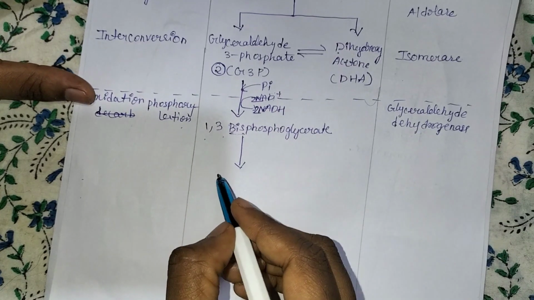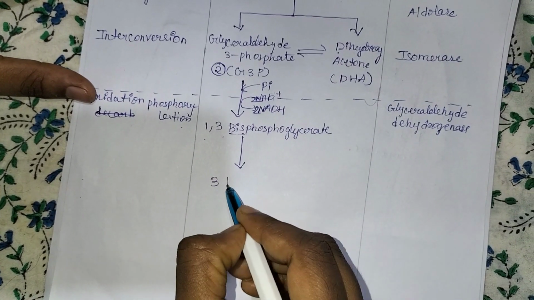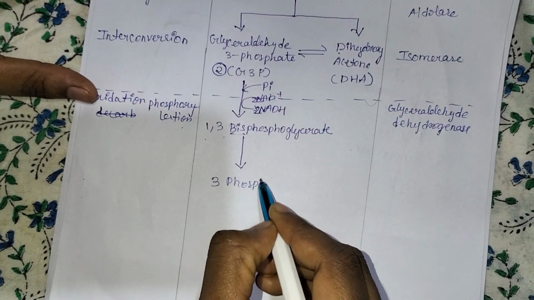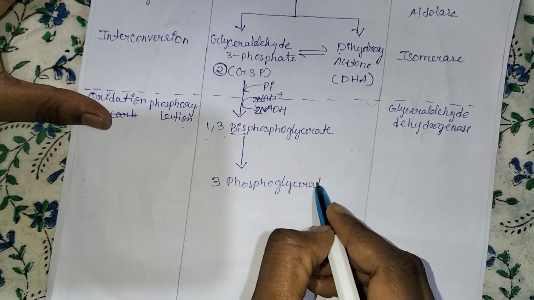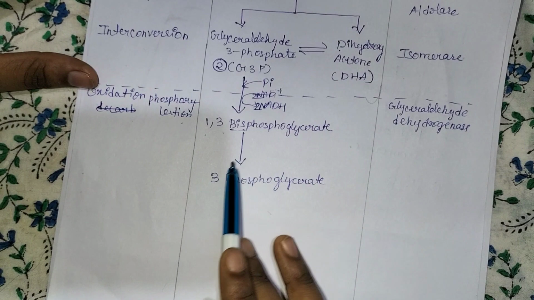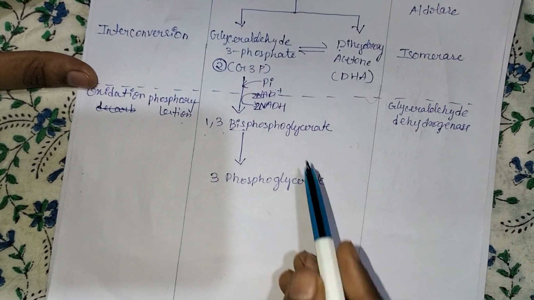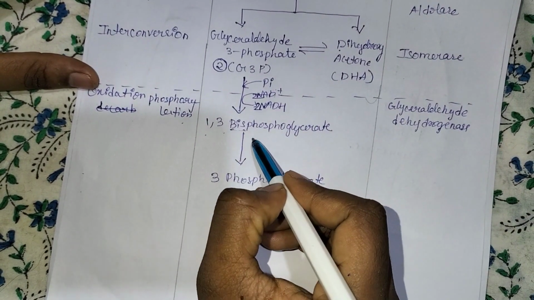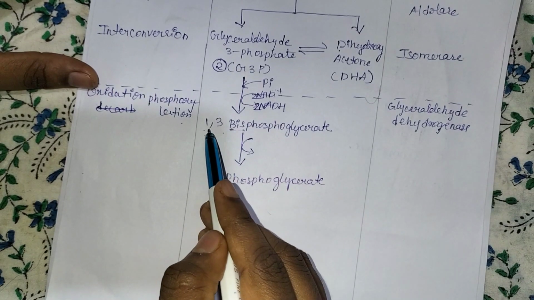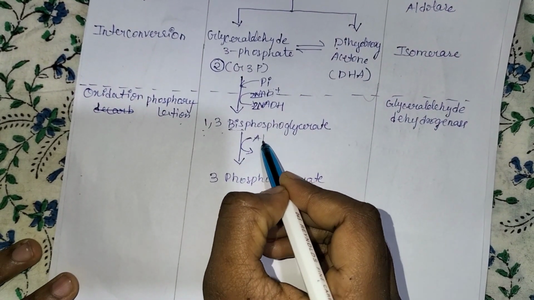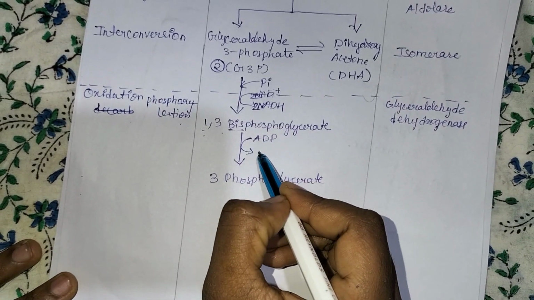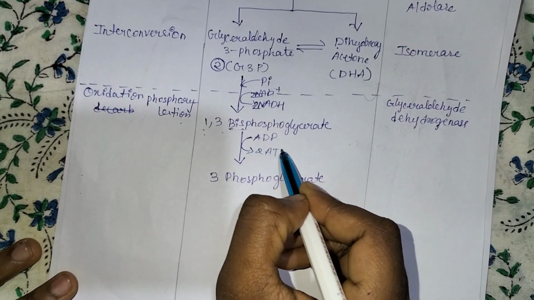Okay, next, 1,3-bisphosphoglycerate is converted into 3-phosphoglycerate. And here ATP is produced, because from the first position there is a loss of phosphate, which is utilized by ADP, and 2 molecules of ATP are produced.